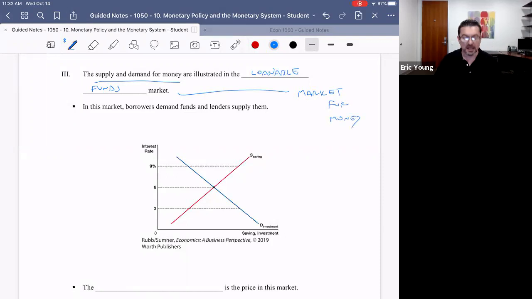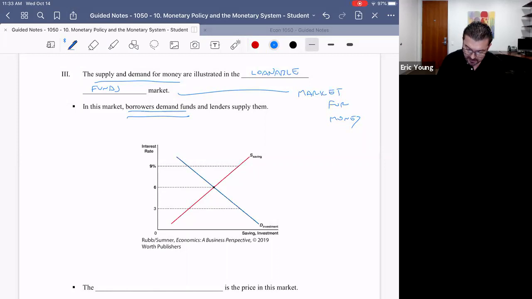In this market, borrowers demand money. When you borrow, what you're basically saying is, I don't have enough money on hand to purchase the thing that I want. So you're going to borrow money. That is a demand for money. So in the loanable funds market, people who want to borrow are the demanders.